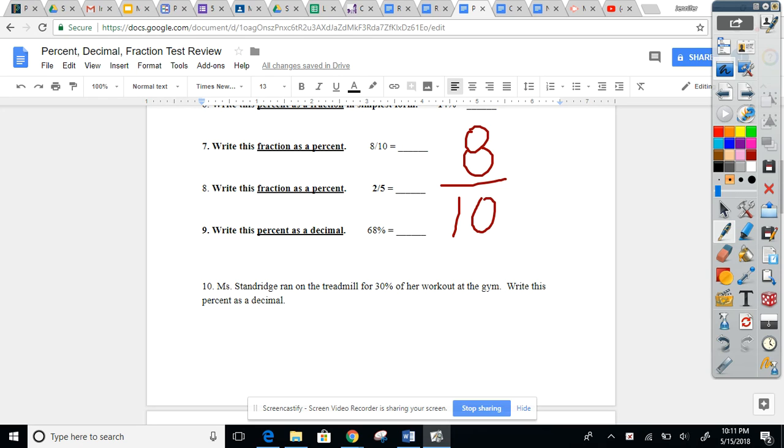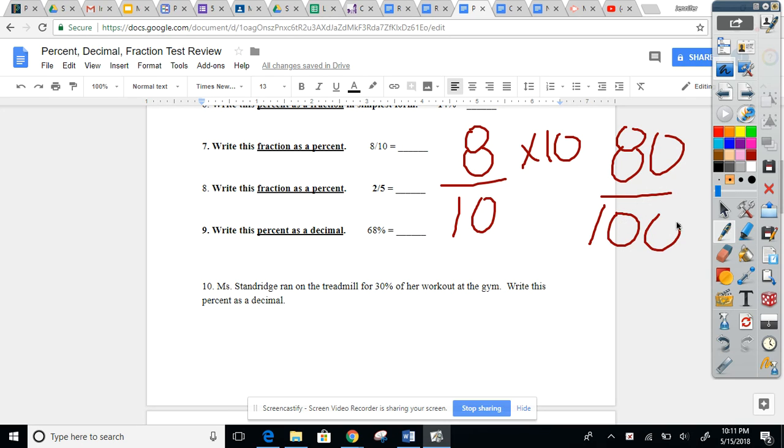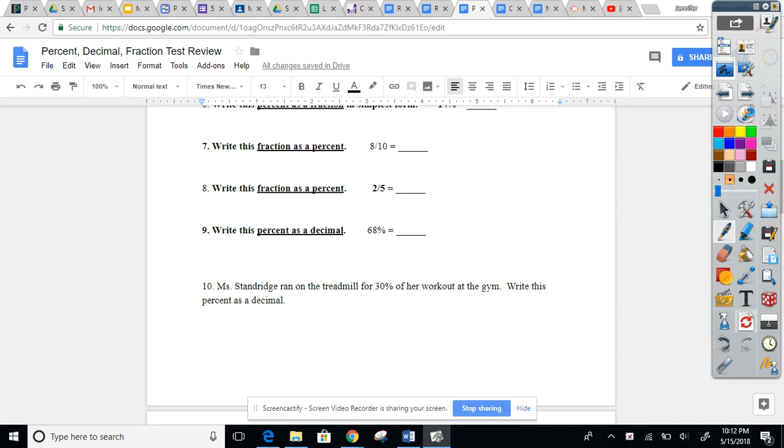If I create an equivalent fraction, I could say that 8 times 10 is 80. 10 times 10 is 100. Why did I do that? Because I knew that a percent meant per 100, and I wanted to get my 10 to 100. So I multiply by 10. What I do on the bottom, I do on the top. Okay. So what I do to my denominator, I do to my numerator, and vice versa.